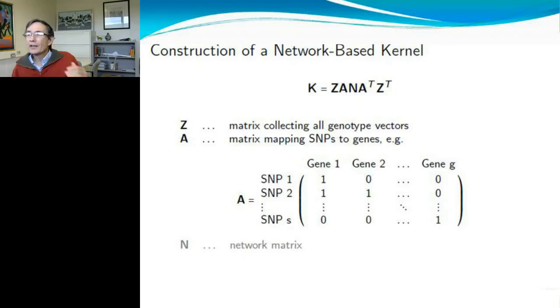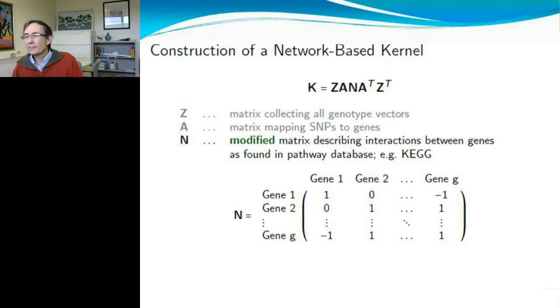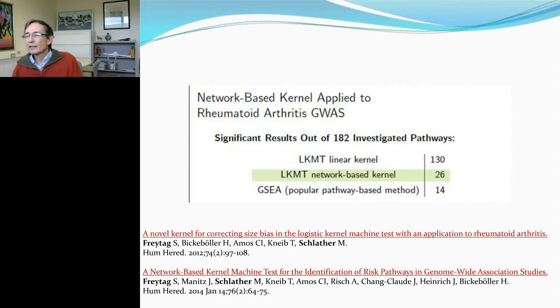And then one needs to construct a network-based kernel. First that's done by mapping SNPs to genes, and then one also maps the genes to the pathways and adjusts for the correlations among the genes within the pathway.